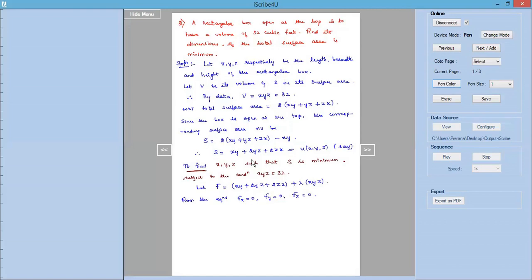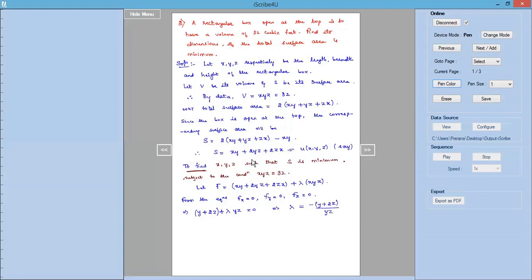Let us do the partial differentiation with respect to x and obtain y plus 0 plus 2z, plus lambda into, with respect to x, yz. So y plus 2z plus lambda yz is equal to 0. From this, we can write the lambda value as minus of (y plus 2z) the whole divided by y into z.